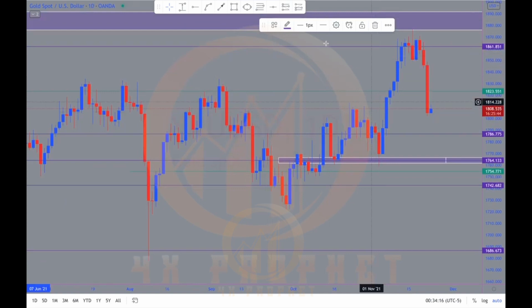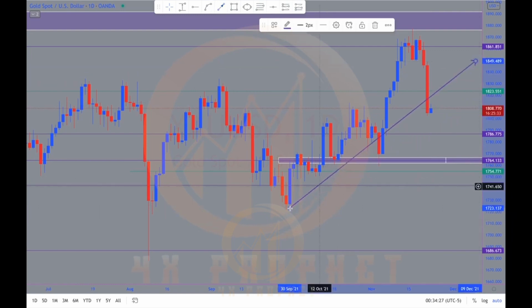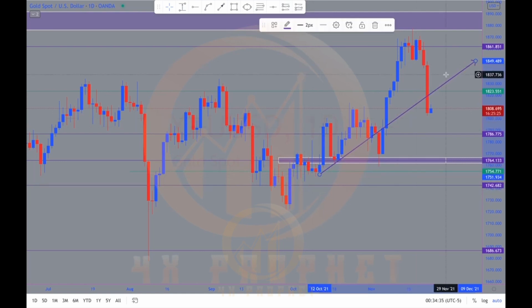On a daily time frame, you can see there was an uptrend forming, and it was broken. My bad. I drew totally what I was not looking at just now. We'll just do it from here. We can obviously see this was broken. So what am I expecting?